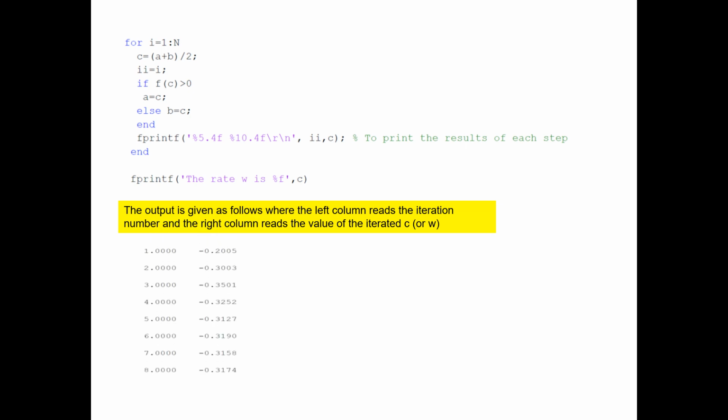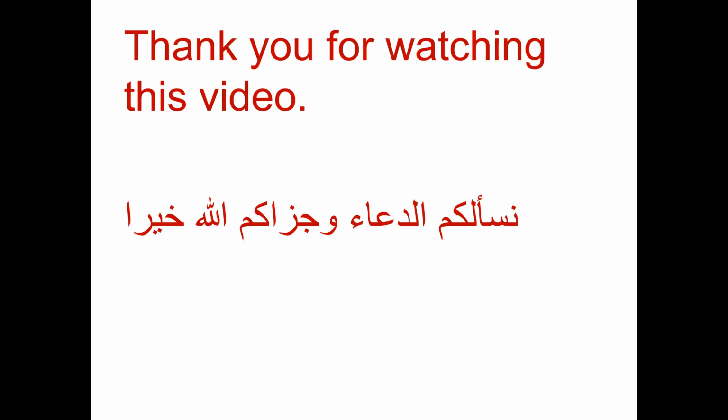This is the picture for the first 8 iterations, and another graph for the other iterations till 16 is shown here. Finally, we have the final answer printed in the code as follows. The root w is minus 0.317060. And thank you very much.